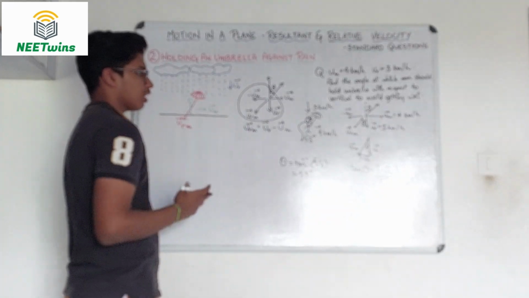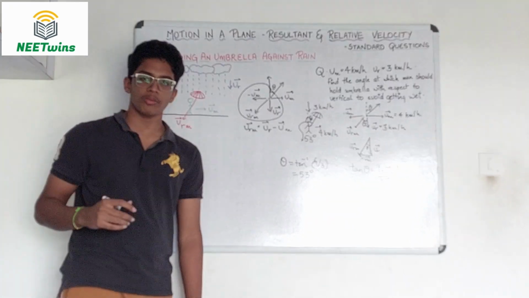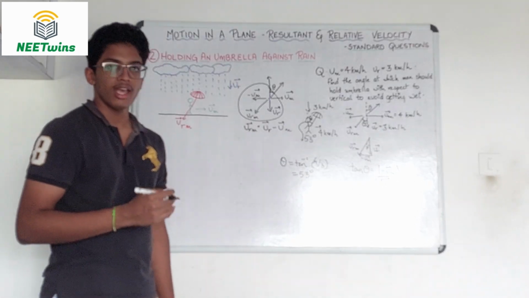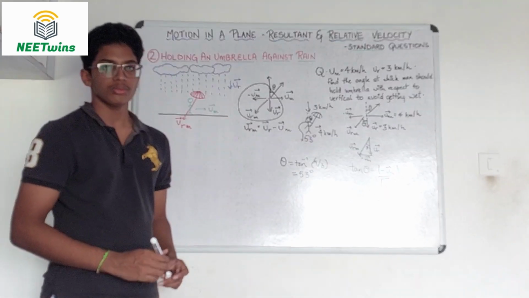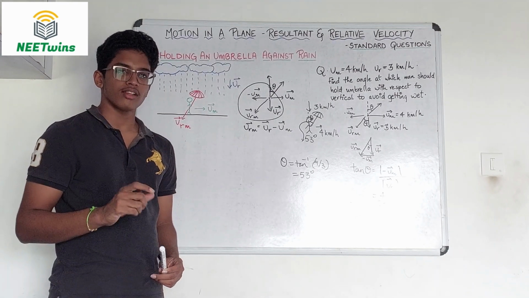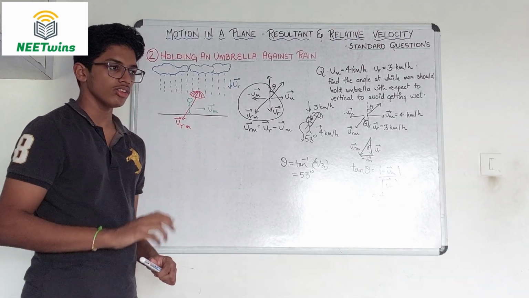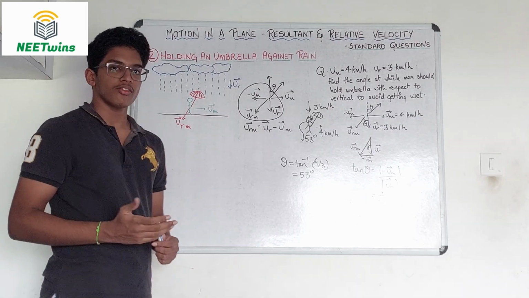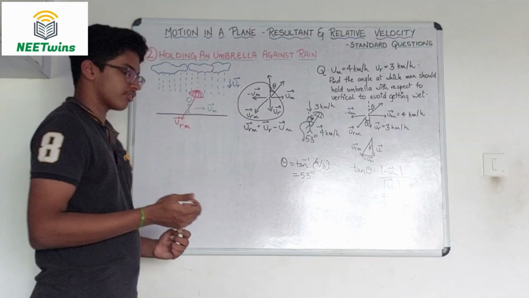It need not just be the umbrella and the rain. There are many such types of questions which involve relative velocity, and it's very important to understand the difference between relative and resultant velocity, as some students get confused between these two terms. Resultant velocity is the resultant of two vectors. It's like the addition of two vectors, as we saw previously.